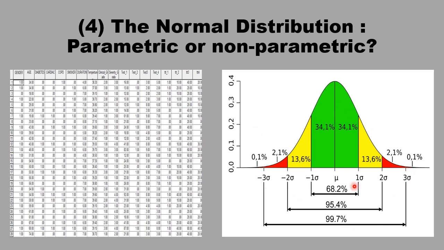We can also assume, because the data is normally distributed, that any particular value of this has a certain z-score related to how far it is from the central part in terms of how many standard deviations or fractions of the standard deviation, and then we could assign a z-score to any of these values.